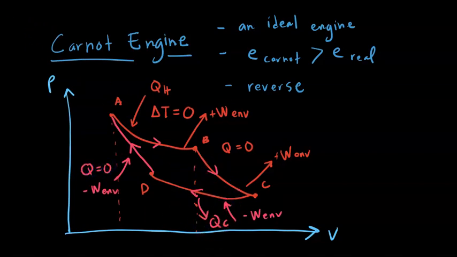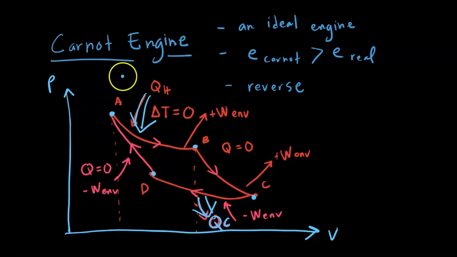Okay, so what did we get from this cycle? From A to B, we got QH, and then from C to D, we expelled QC.